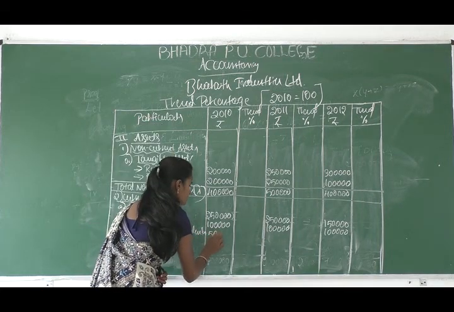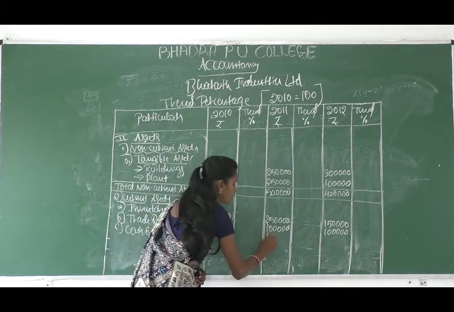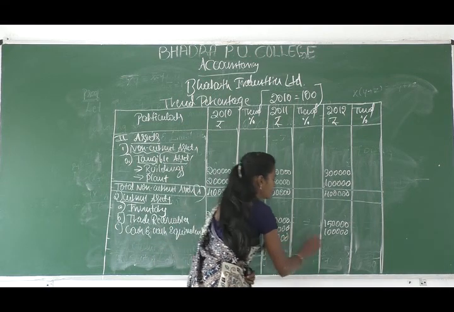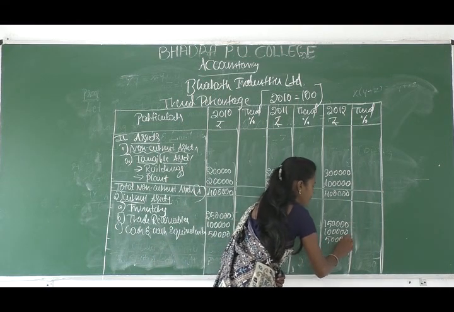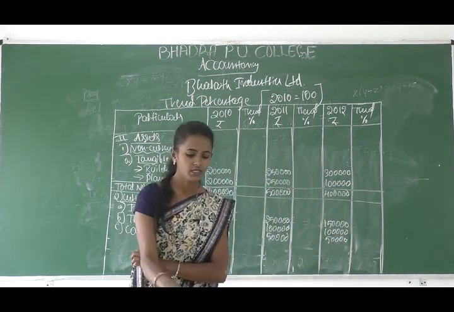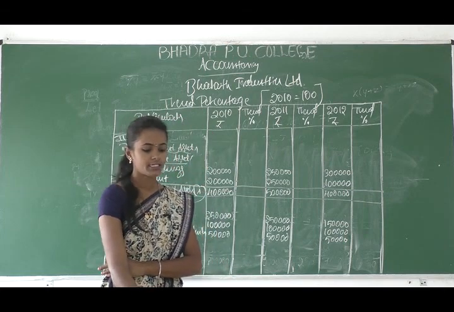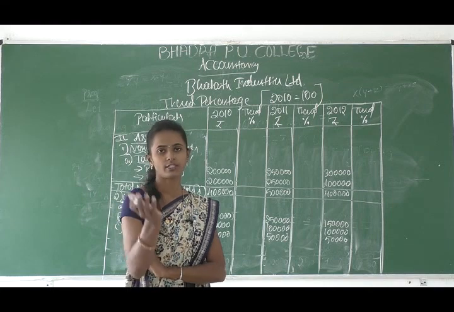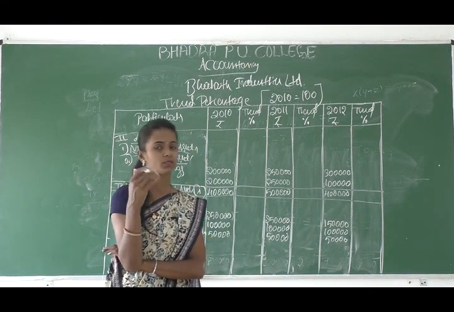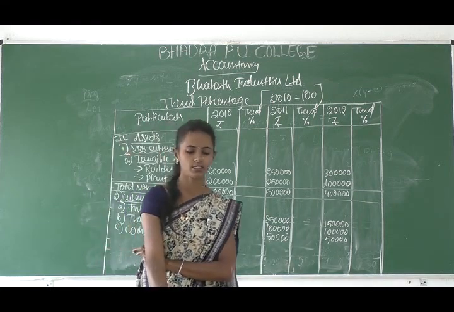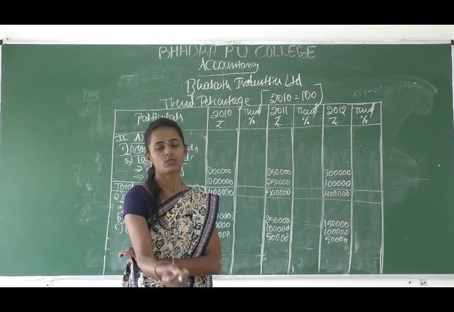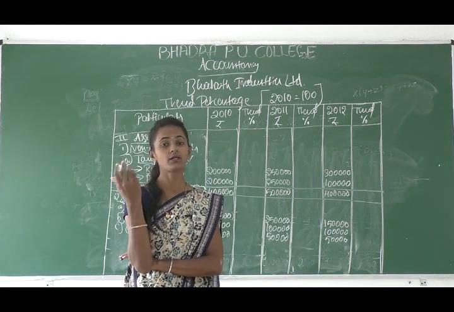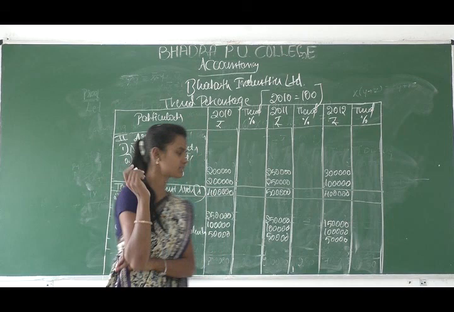For all 3 years, cash and cash equivalents amount is 50,000, okay. Yes, again in the case of the format we have a next item, it's short term loans and advances. So come to your question, check, have they given it? Not given anything regarding short term loans and advances.